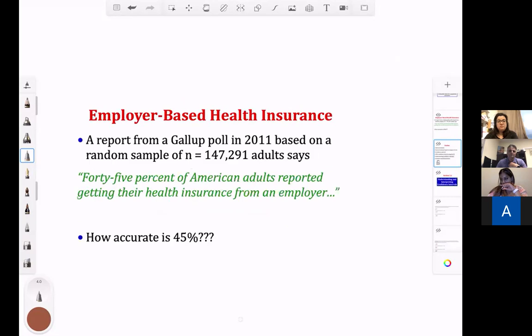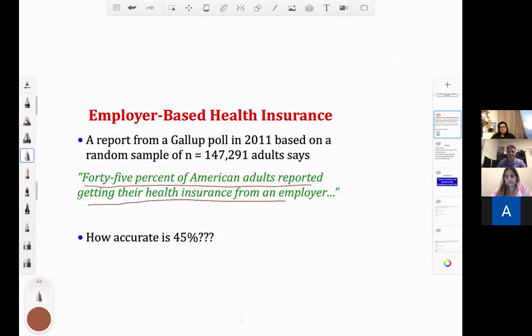A report from a Gallup poll in 2011, based on a random sample of N equal to around 100,000 people, says 45% of American adults reported getting their health insurance from an employer. So that's a big statement. They're talking about the entire population, 45%. Now the question is, did they actually knock on everybody's door and ask that question?